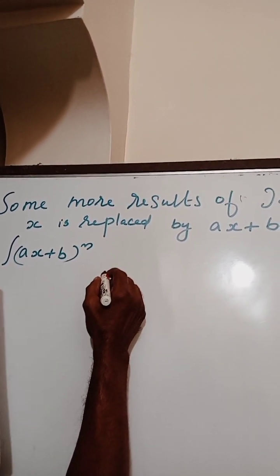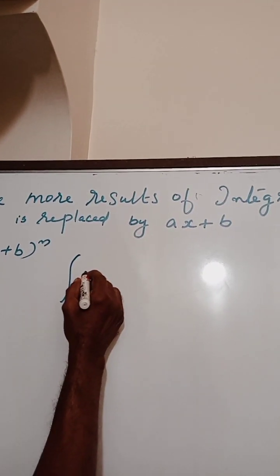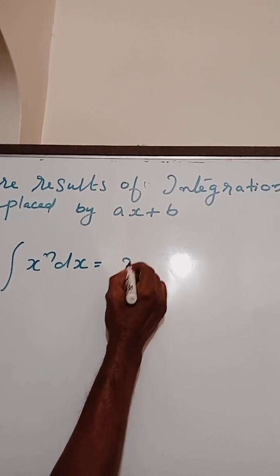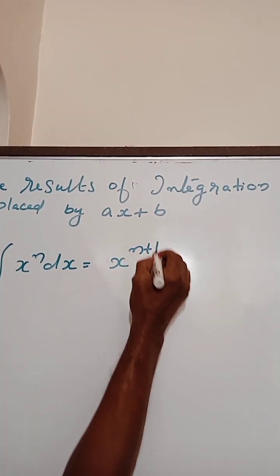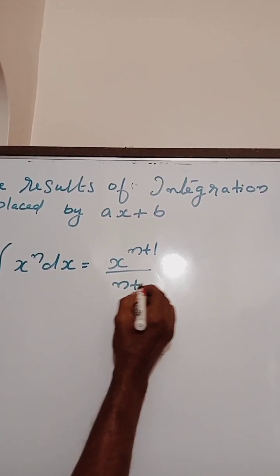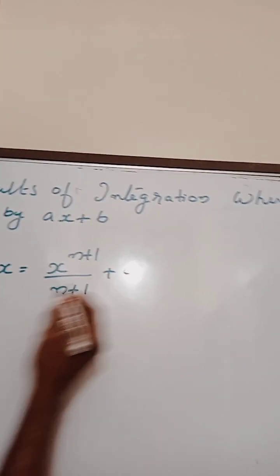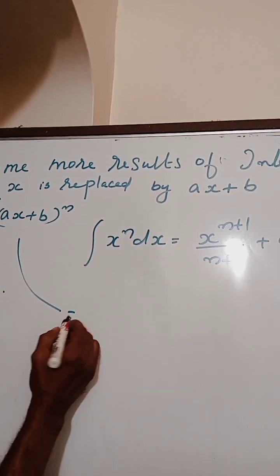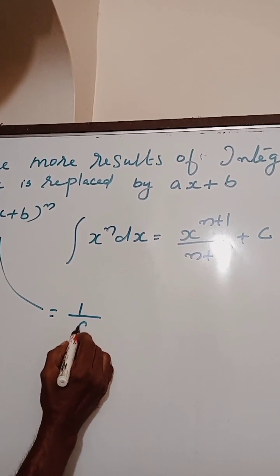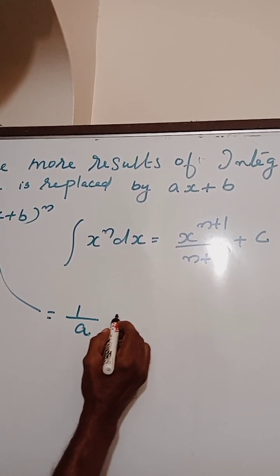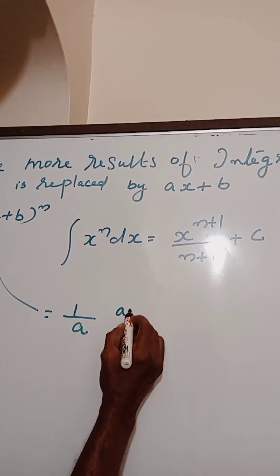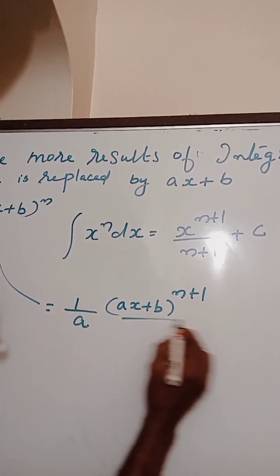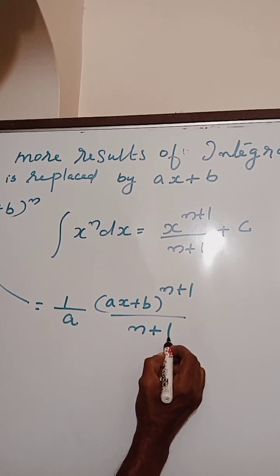For remembering, we have learned integration of x raised to n dx is equal to x raised to n plus 1 divided by n plus 1 plus c. Therefore, this is equal to 1 by a into (ax plus b) the whole raised to n plus 1 divided by n plus 1.